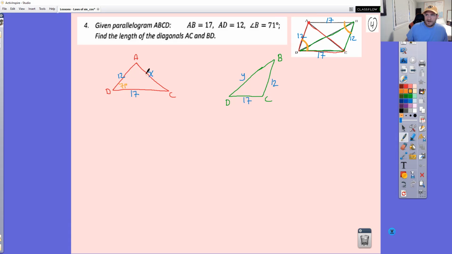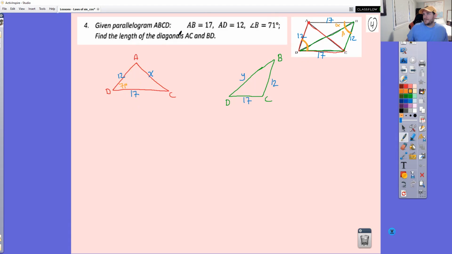Now we see that in the red triangle, we have all the information we need. We've got our side angle side, so we can solve for X. What about over here, though? Angle B is being chopped into two parts, like an alpha and a beta. And I don't really know how to break that down. I mean, I do, but I don't want to. It would take a lot of effort. So I'm not doing it.